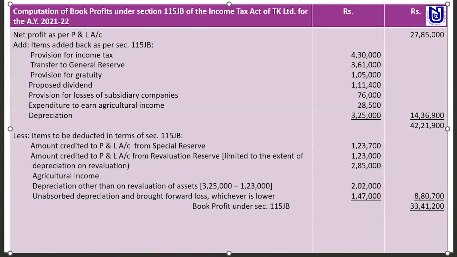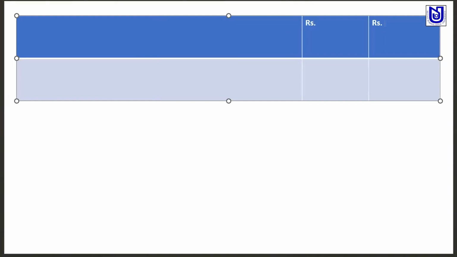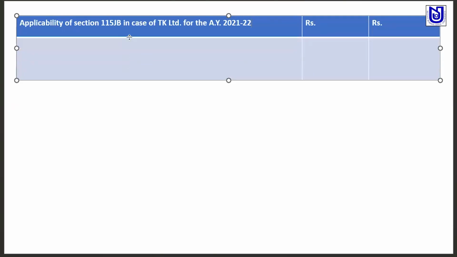Let us proceed. Now we will be going on to the next part of the solution, that is applicability of section 115JB, 2021-22. For that purpose, we have to compute tax under normal provision of the Income Tax Act.